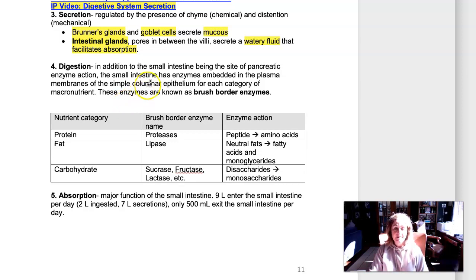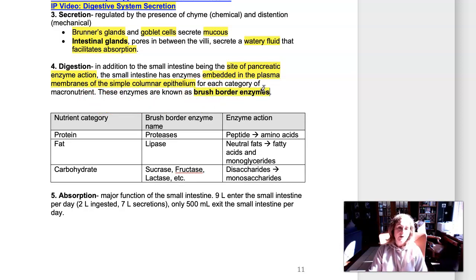But as far as the small intestine itself, it doesn't technically secrete digestive enzymes. What it does is it has digestive enzymes embedded in the plasma membranes of the simple columnar epithelial cells. And it has enzymes that will, just like the pancreas, digest every category of nutrient. Those enzymes are called brush border enzymes.